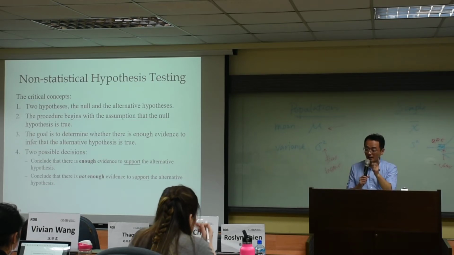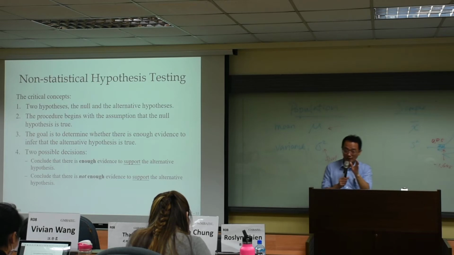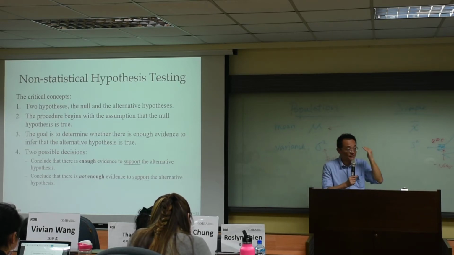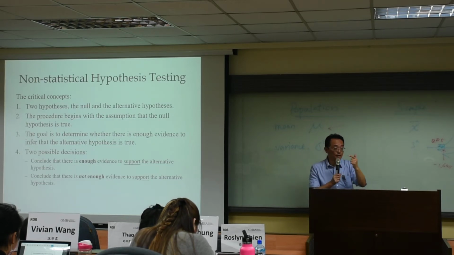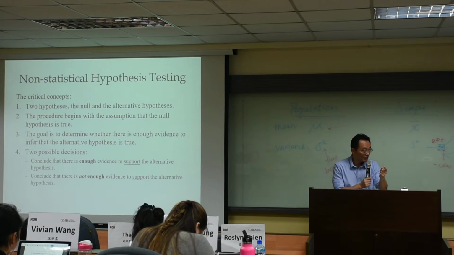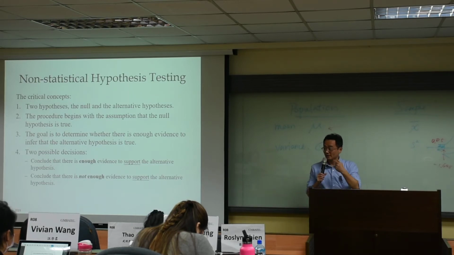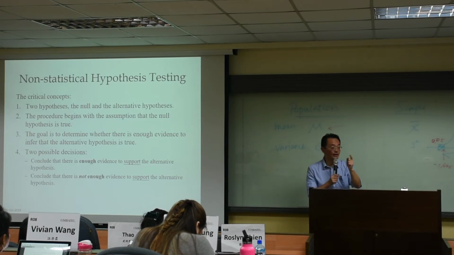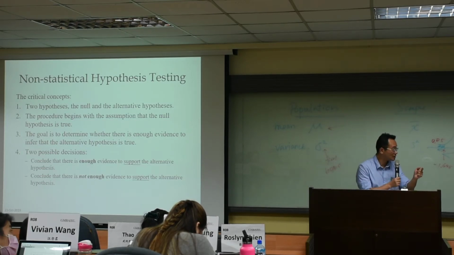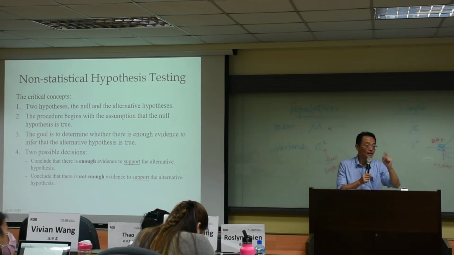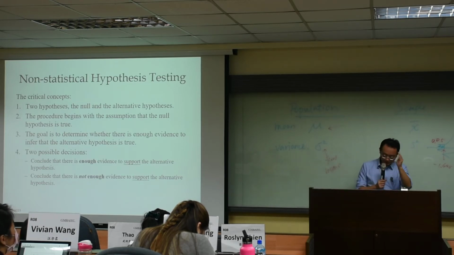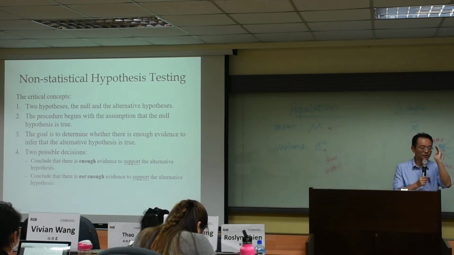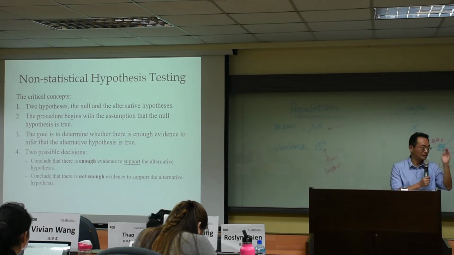H1, the alternative hypothesis, because we purposely collect data aiming to reject the null hypothesis. It means that we hope the alternative hypothesis is true. So the alternative hypothesis is more important to us, so that we hope we can reject H0.